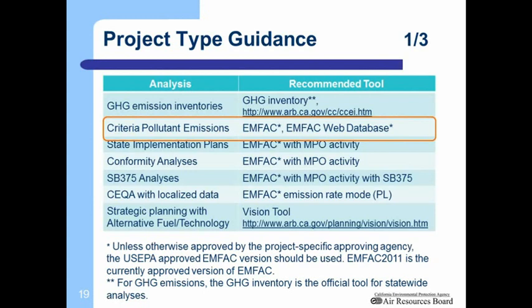If the user is interested in reviewing criteria pollutant emissions in general, you can run the EMFAC model, or more conveniently, we provide the results from EMFAC and post them on the web as a web database tool.